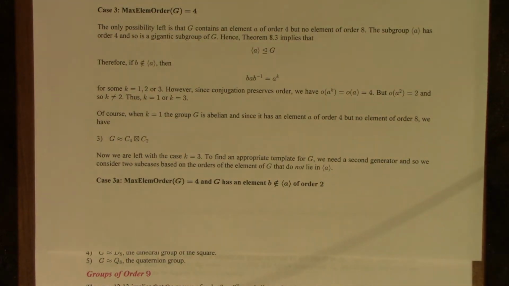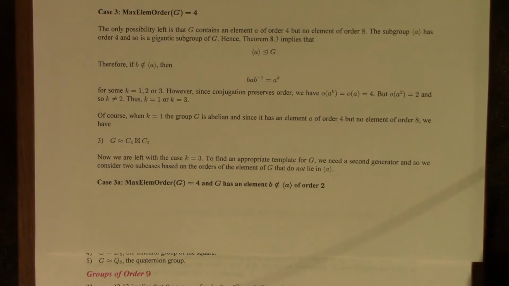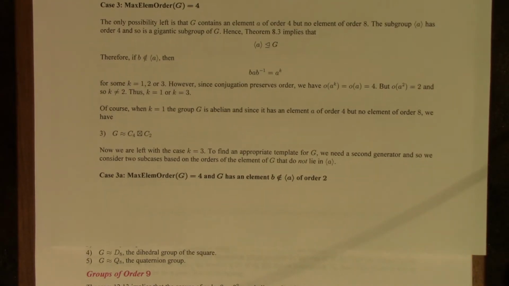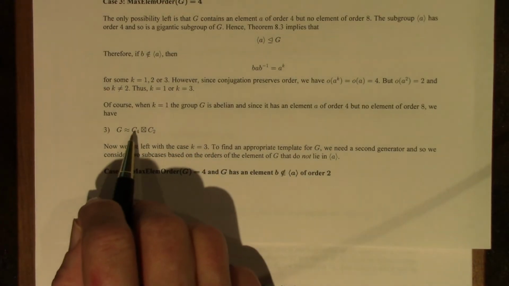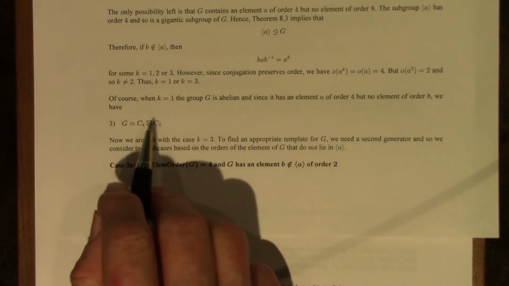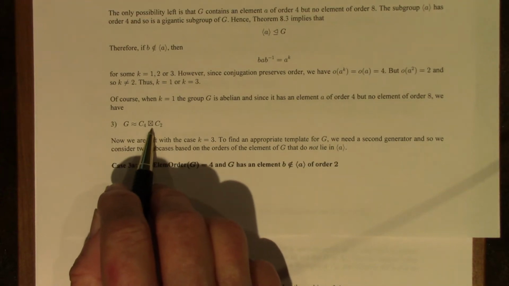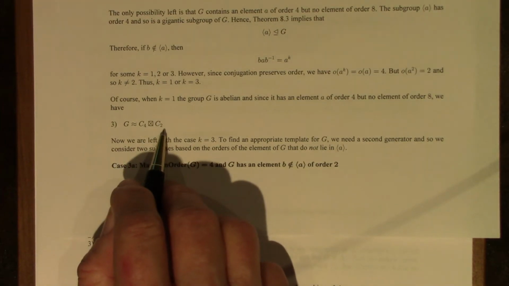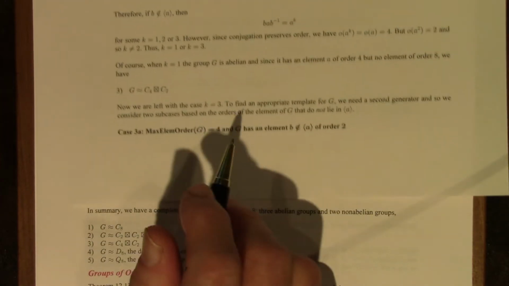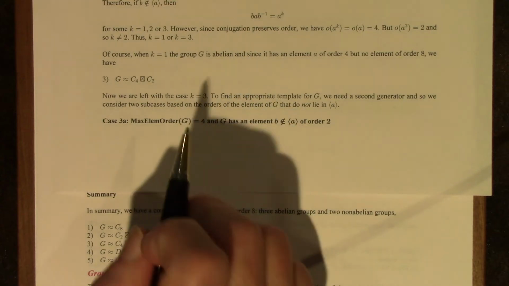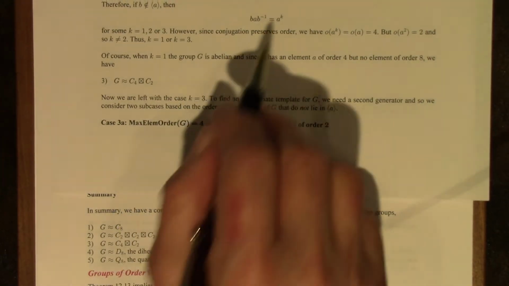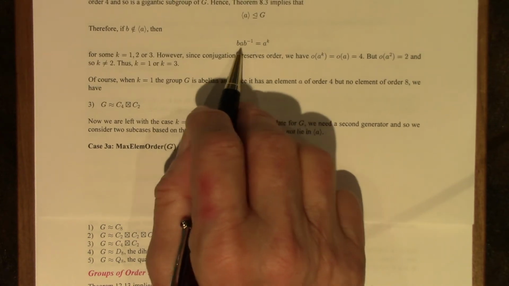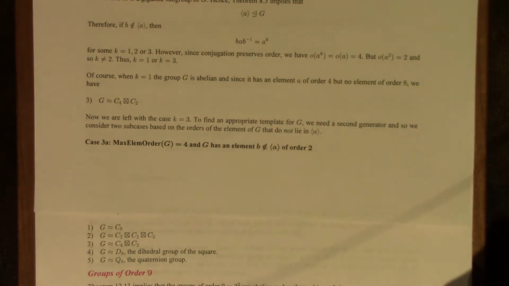And since it has an element of order 4 and an element of order 2 that is not in the subgroup generated by the element of order 4, G must be isomorphic to C4 direct product C2. All we are left with then is the case K equals 3 in this commutativity rule.